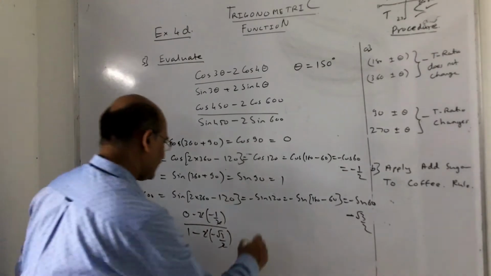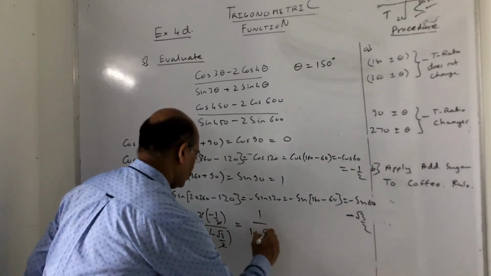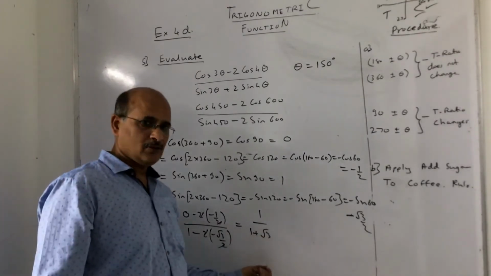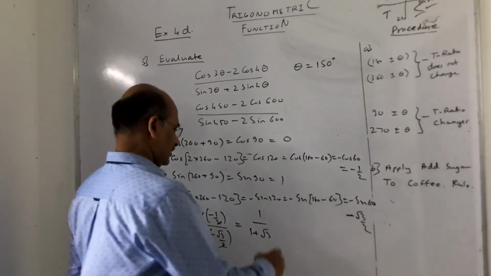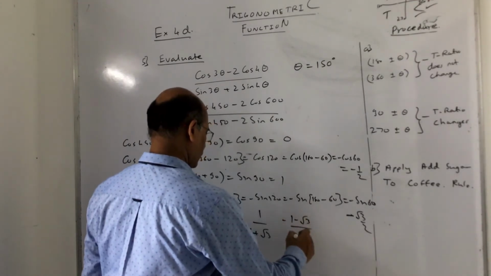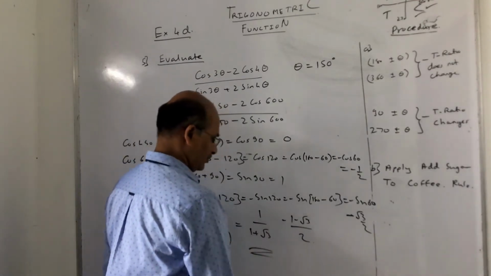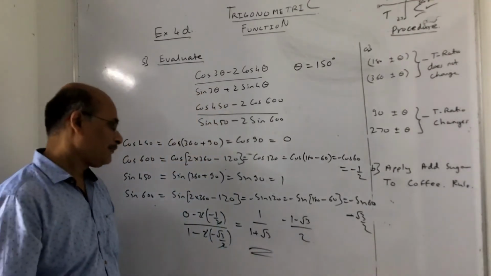So minus of minus will become 1 upon, now please understand, this is 1 plus root 3. You can rationalize this, there is no issue at all. Rationalize and find the answer. So it is 1 minus root 3 upon 2, or you can keep this answer in this format, 1 upon 1 plus root 3.